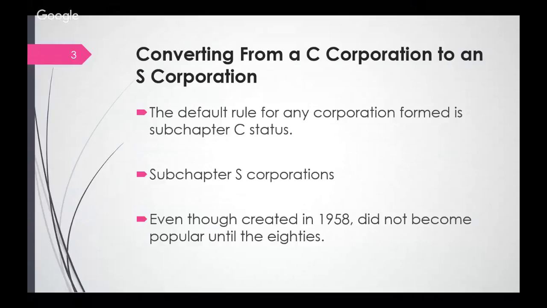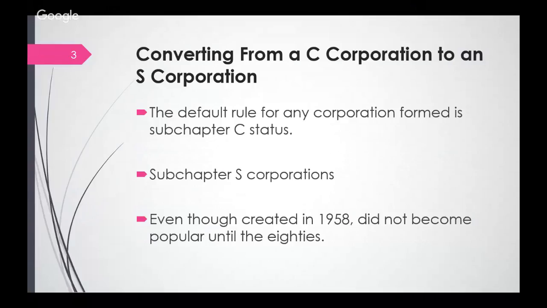You have to file an S corp election, and then you become a subchapter S corporation. And what does that mean? That gives you flow through taxation. The company is not taxed on its income, but any profit that the company shows is taxed to the individual shareholder at their income tax rates.